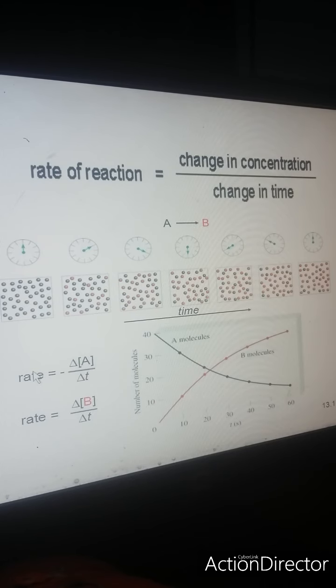So the rate of reaction for A, since it is decreasing, is shown by a negative sign: change in the concentration of A with respect to time, and for B it is the change in the concentration of B with respect to time. Graphically, if you see the number of molecules with respect to time, A is decreasing and B is increasing.